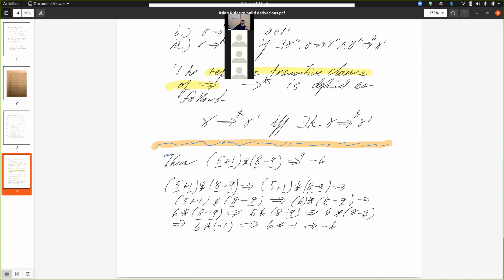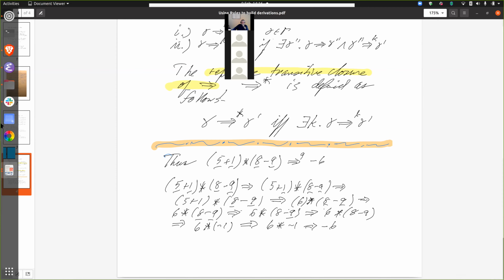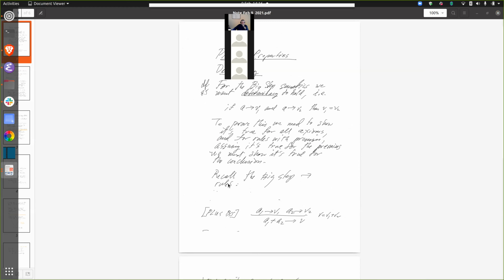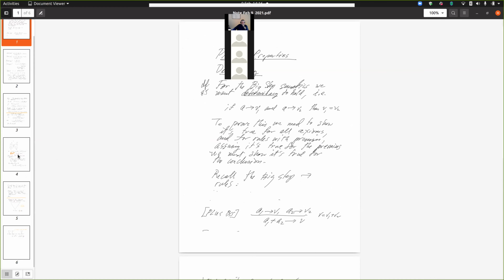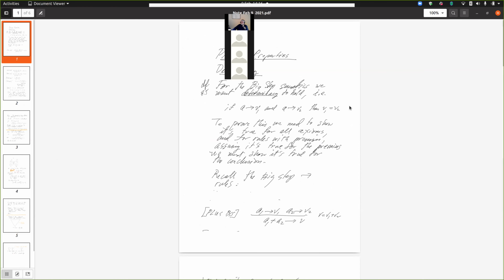And then I turned the numeral 9 into an integer 9. And then I did the subtraction operator to get 6 times minus 1 in parentheses. And then I eliminated the parentheses and did the minus. But there are lots of different paths. Any questions? No questions. All right.